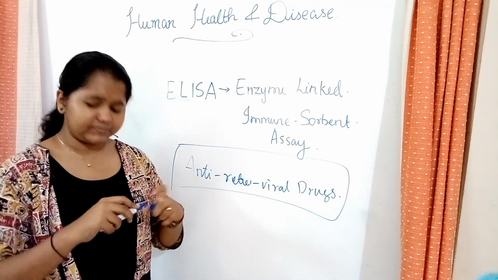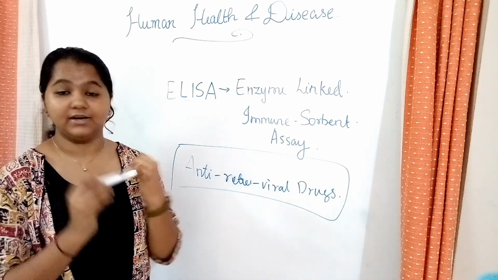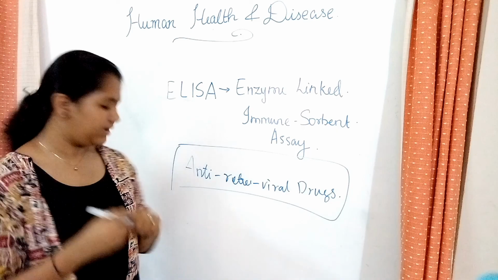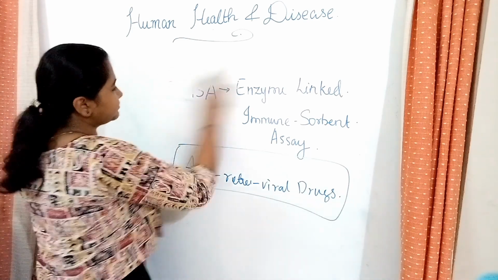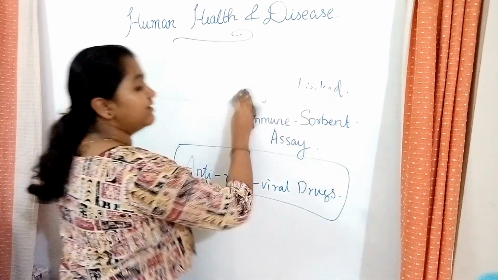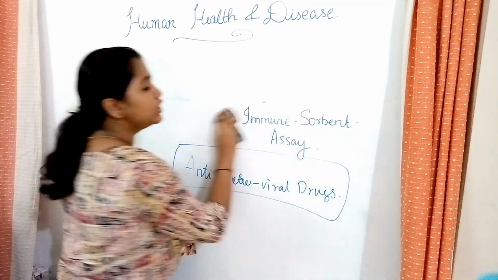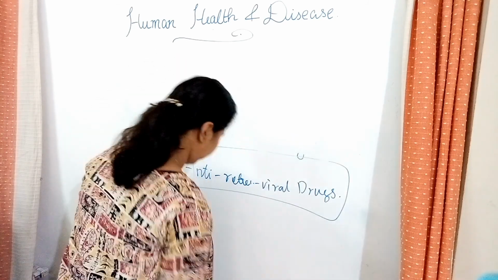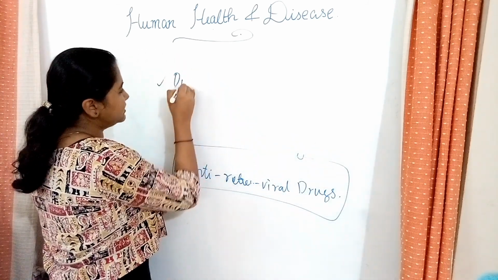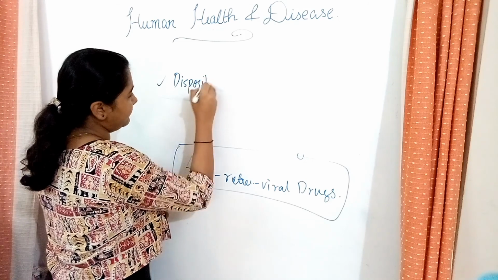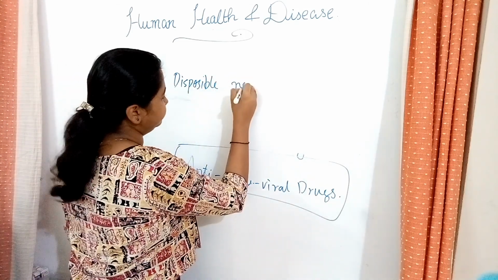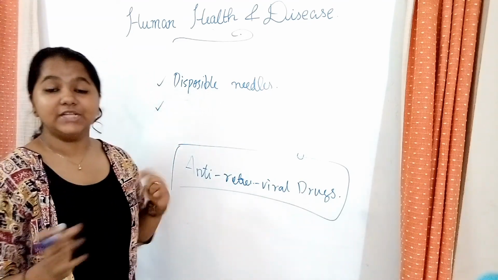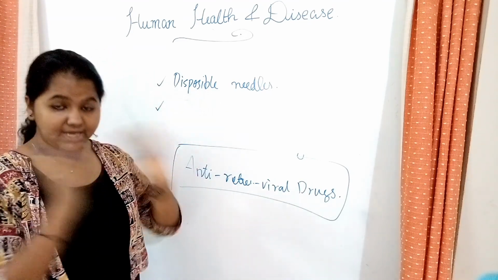So I told you that this disease is spread through the sharing of syringes. So the first method is what? Don't share the syringes. Use disposable needles. The second one, as I told you, is that it can be transmitted through sexual contact.